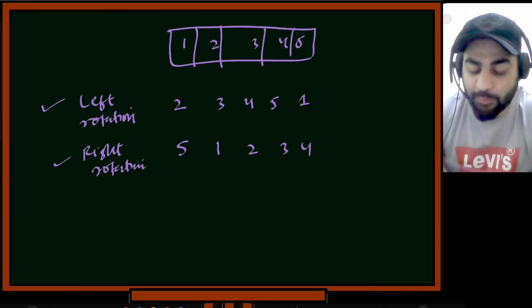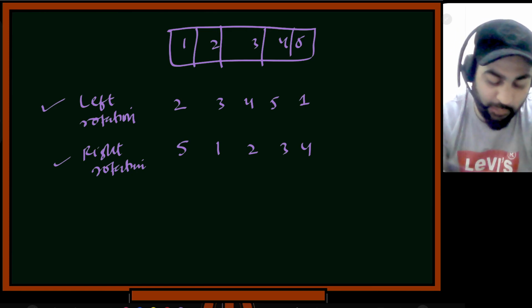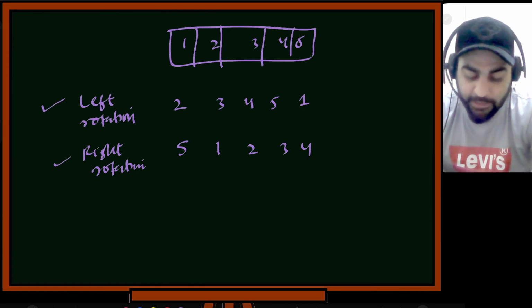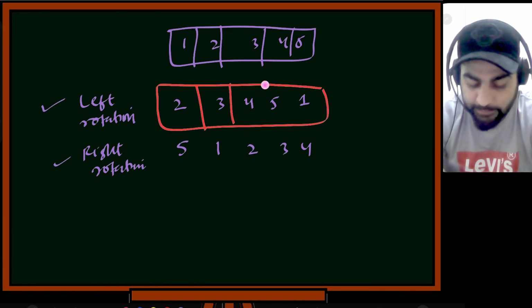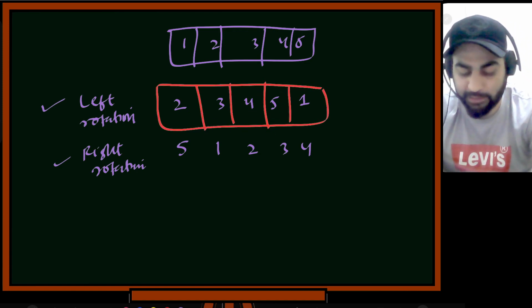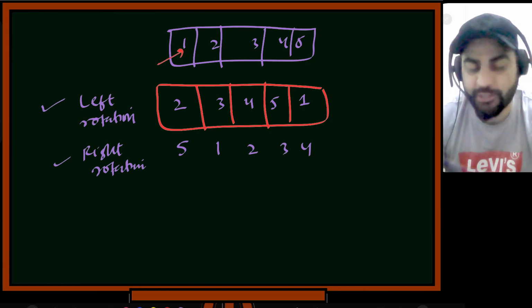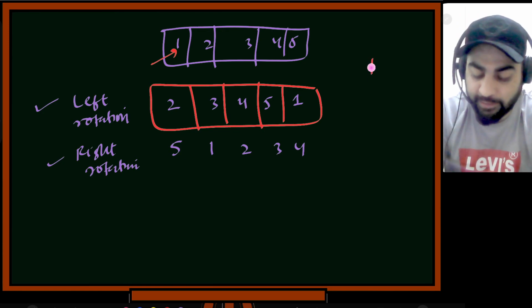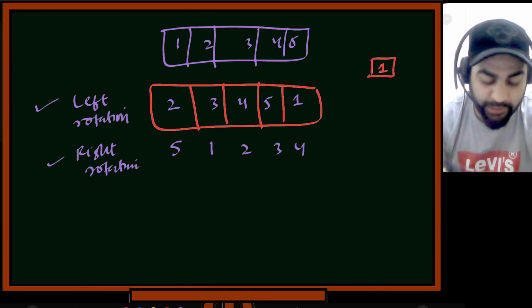So the approach Rian said is that we'll take a variable. Let's suppose we're talking about the left rotation, so we'll have to get this output. We'll take this first element and store it in a variable. After that, we'll shift all the elements.